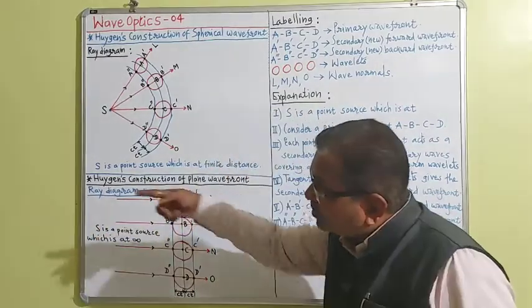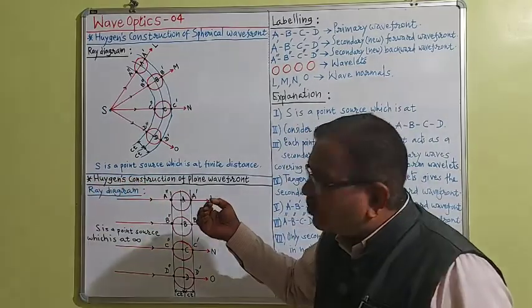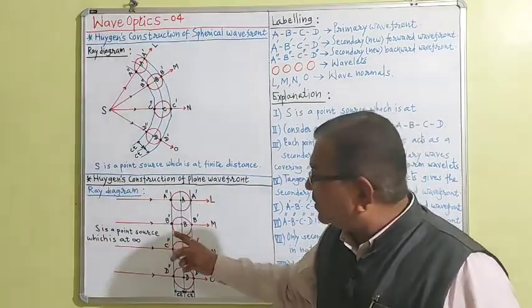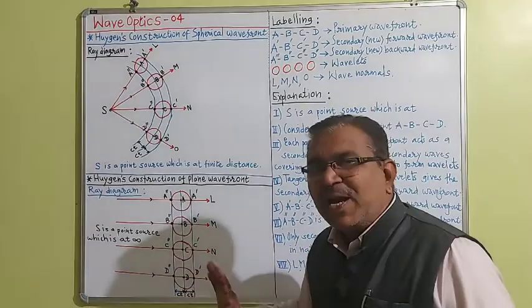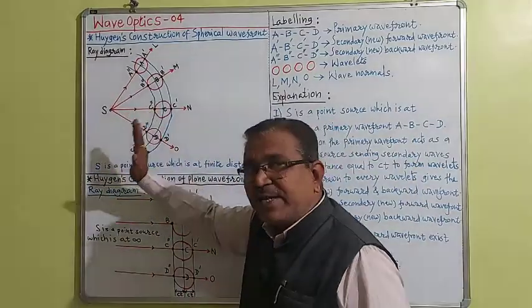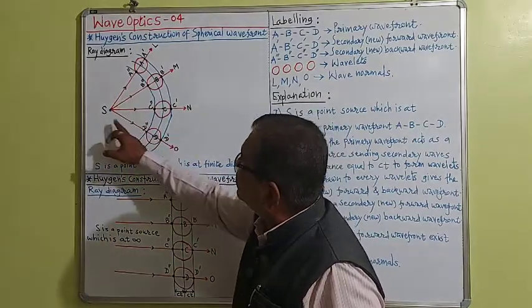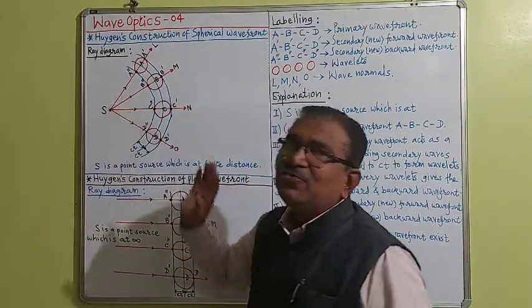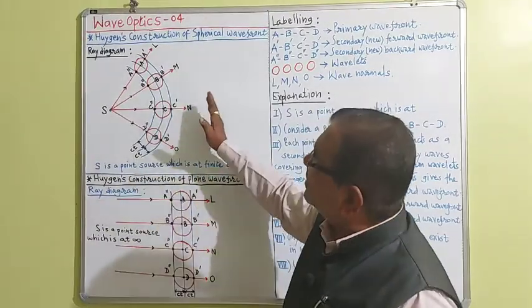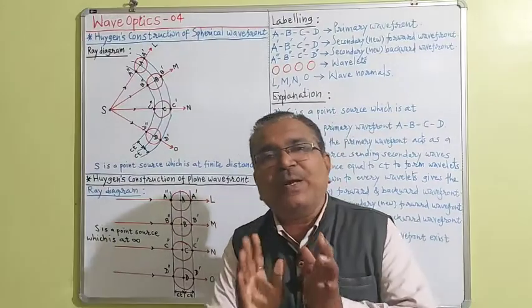Since the point source is very far away, rays coming out from the infinite source look parallel. Since this point source is at finite distance, waves emitted from these two sources are inclined to each other. So this is a diagram of spherical wavefront. This is a diagram of plane wavefront.